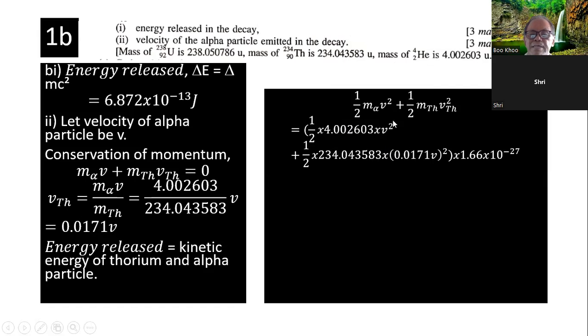All this is in atomic mass units, so you have to convert it to kilogram, 1.66 times 10 to the power minus 27. Calculate it out and you get that. This one is in joule.